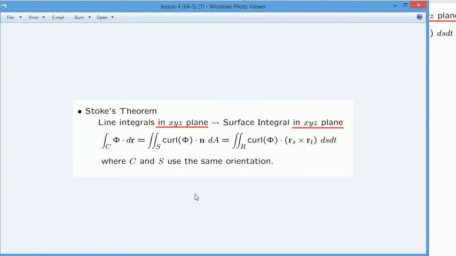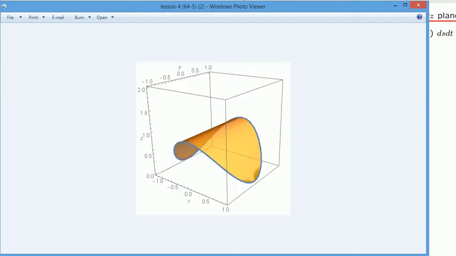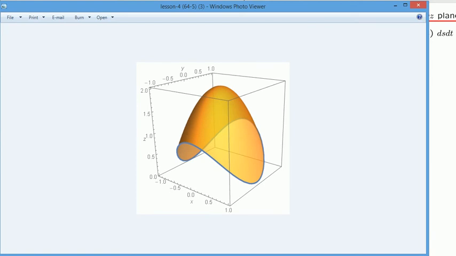Not because it's a flux or a fluid density vector, but because of Stokes theorem. As long as they have a common boundary, the quantity only uses the boundary. This one has a line integral over the boundary, and this other surface has the same boundary and the same line integral. It doesn't matter what happened in between, they must be the same. That's Stokes theorem. That coincides with the property of the fluid density vector.